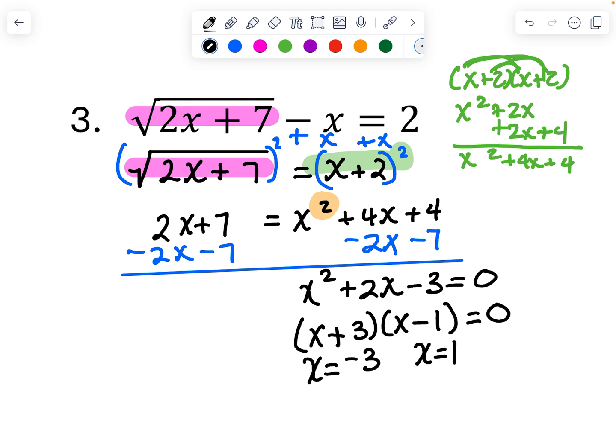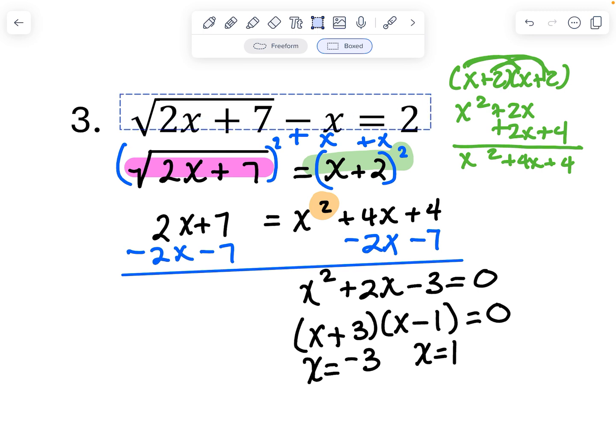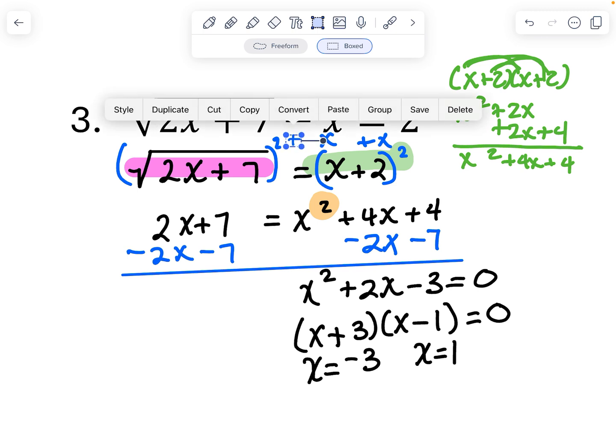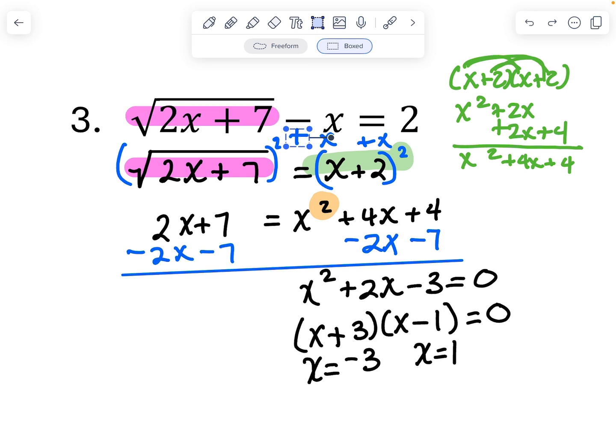Now, one of the things we have not talked about is the fact that you are supposed to check your work to make sure it does work. So I'll go back and grab the original equation. Actually, it would be better to just erase this stuff.